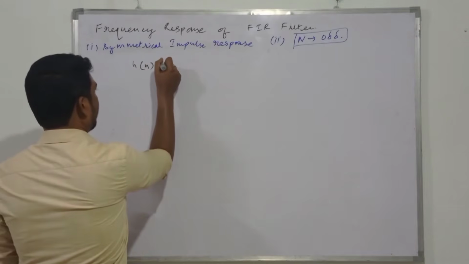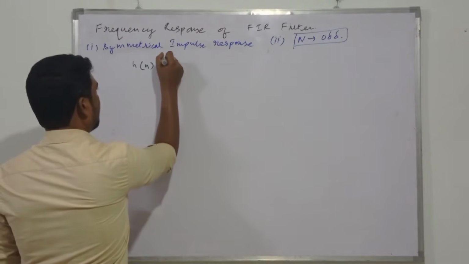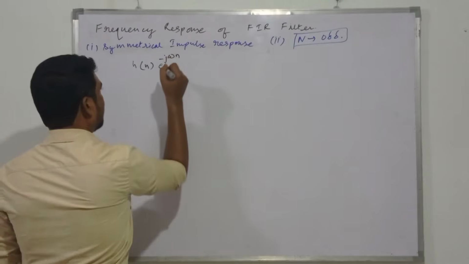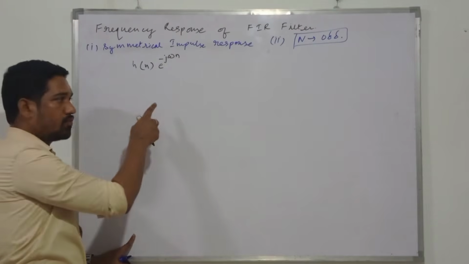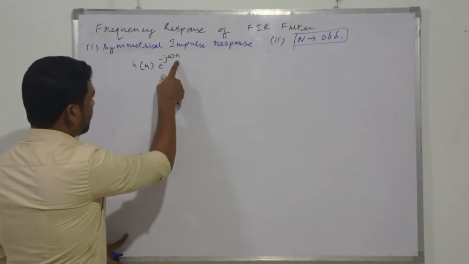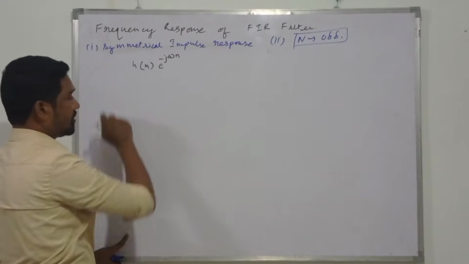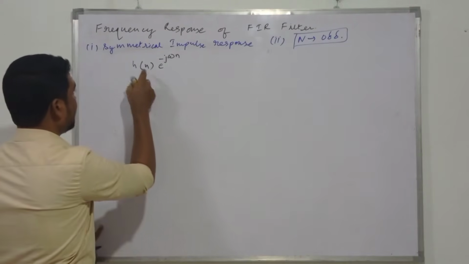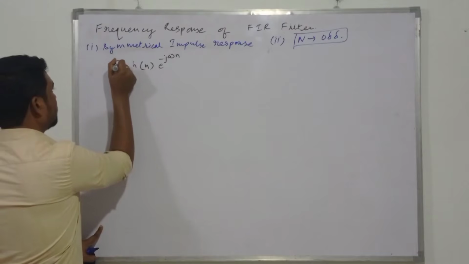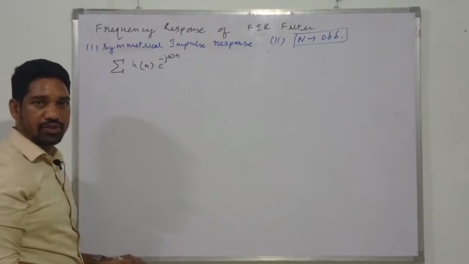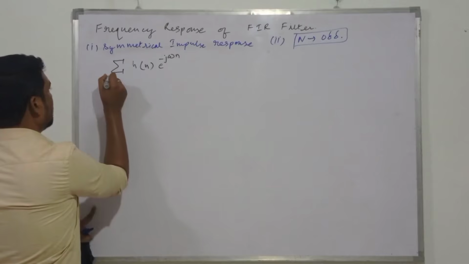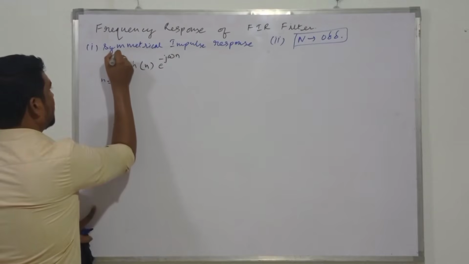This h of n is multiplied with e raised to minus j omega n, and if it were in continuous time, we would have come across integration. No, it's a discrete n, so we'll have to go for the summation. Usually the Fourier transform is for n equal to minus infinity to plus infinity.